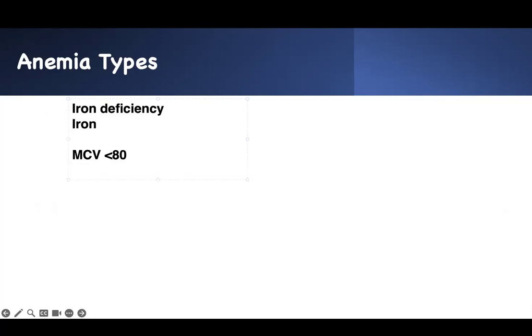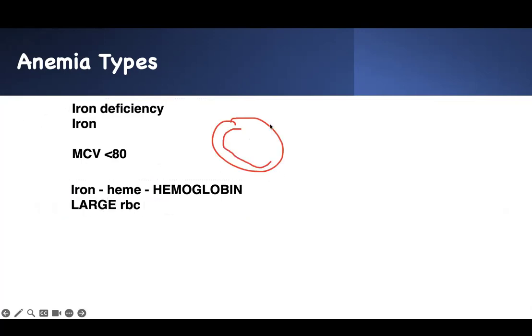How does that happen? You need iron to make red blood cells. So iron gives you what we call heme. Heme ends up forming what we call hemoglobin. And hemoglobin covers a large portion of your RBC. So if this is your RBC, and you have hemoglobin covering a large amount of it, it will maintain its shape.